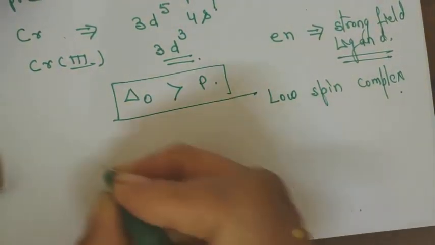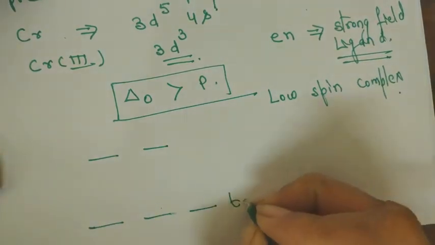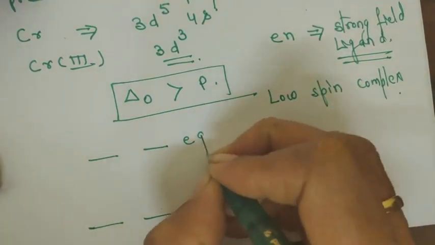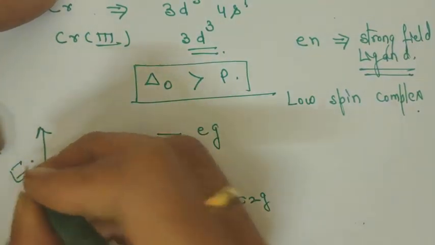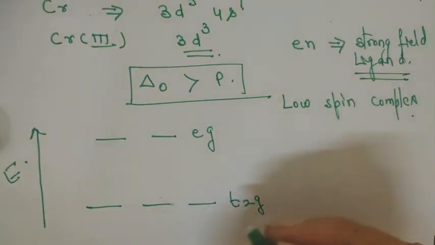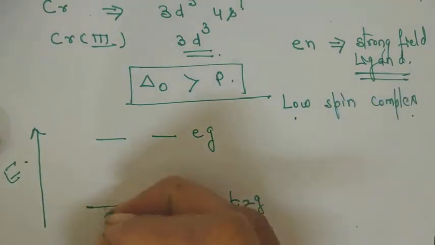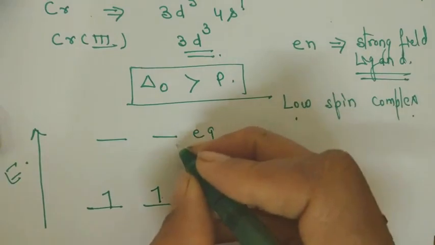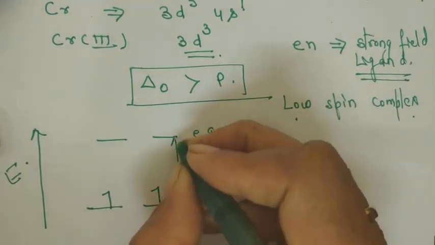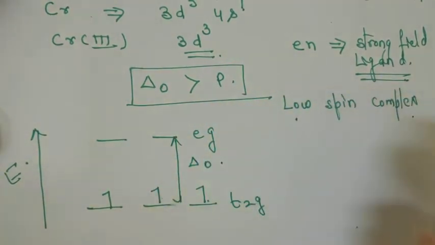This is T2g, this is eg. This side is energy. So you have to fill 3 electrons since the complex is low spin. 1, 2, 3. The difference of energy between these is known as delta 0.